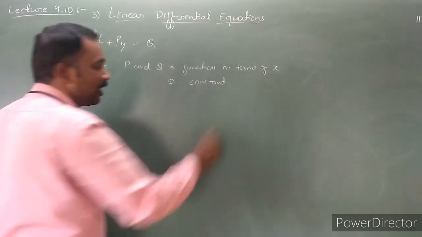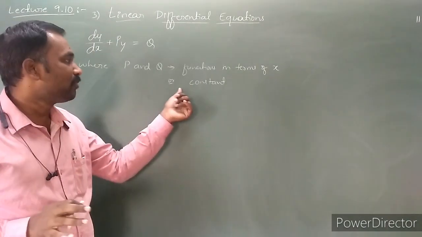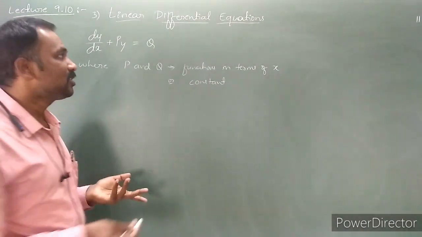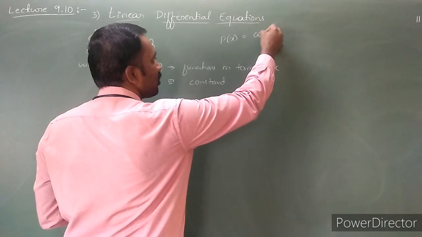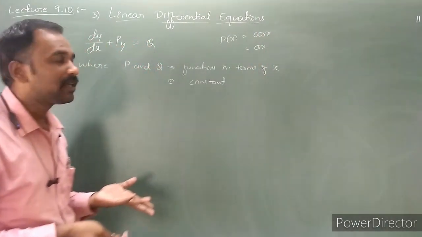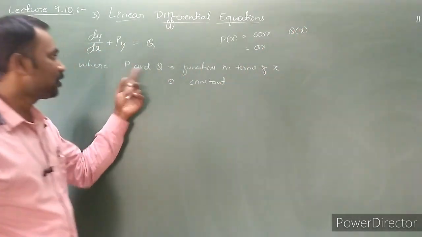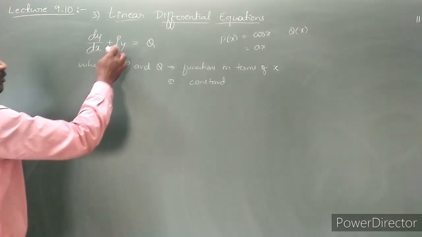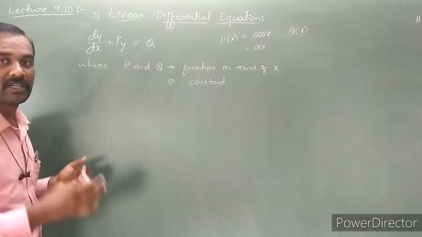The p and q values might be constants, whatever real number you can replace with p and q, or else functions in terms of x, for example cos of x or ax. The p value is in terms of x, and similarly the q value is also in terms of x. The condition is that a differential equation dy by dx plus p y is equal to q is said to be a linear differential equation.